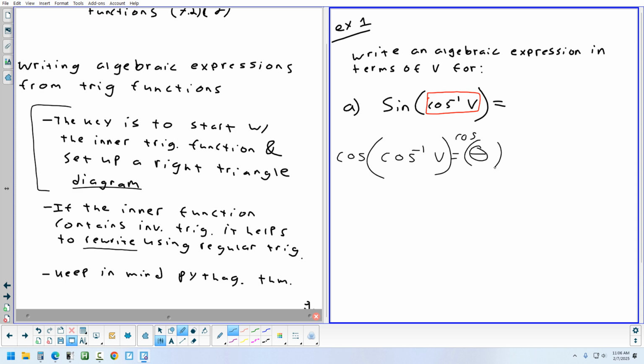And we're going to take the cosine of what's on the right. When we do that on the left, what happens? They cancel out. So now we have v equals, and what's on the right side? Cosine theta. All right.